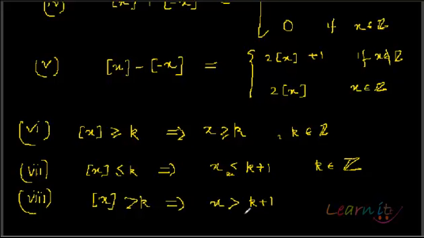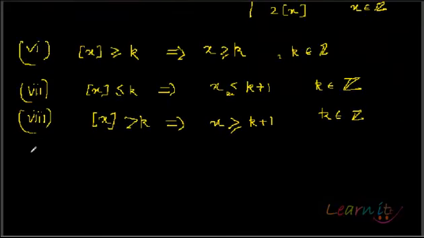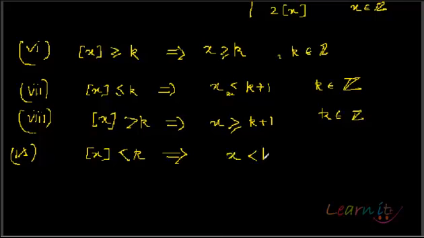So another property is that if the greatest integer function is strictly greater than k, now the strictly part comes out here, then x is greater than or equal to k plus 1, and greatest integer function less than k implies that x is strictly less than k.